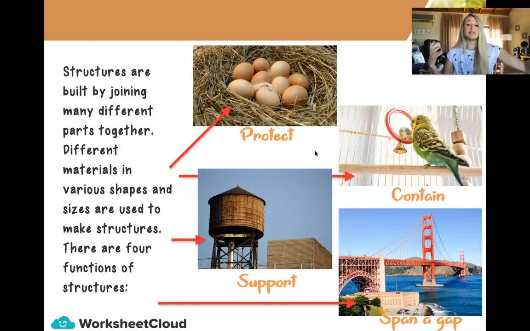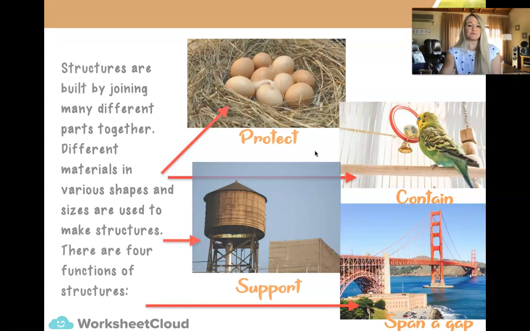Is it to maybe span a gap between things? What is the function of the structure that you have around you? Remember, I've said in the past that science is about exploring the world around you, asking questions, and using your senses to explore your environment.